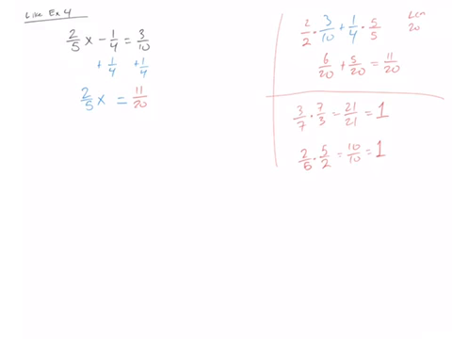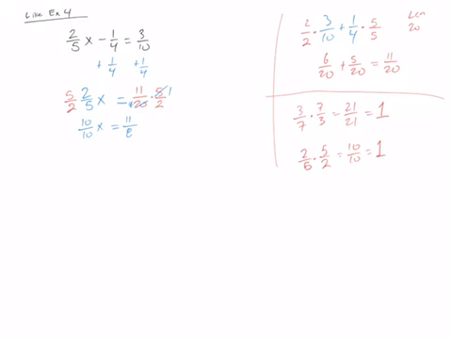So this number up here, I want to multiply by 5 over 2. And I multiply the right hand side by 5 over 2 as well. On the left hand side, I'm going to get 10 over 10 times x. On the right hand side, I'm going to reduce here. 5 goes into that 1 time, 5 goes into that 4 times. 11 over 8.